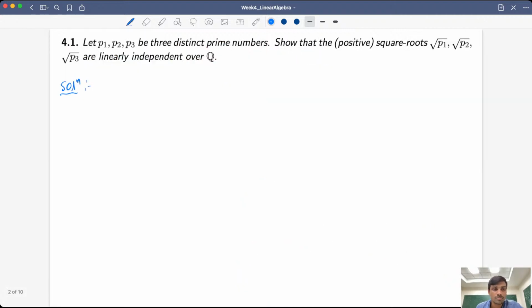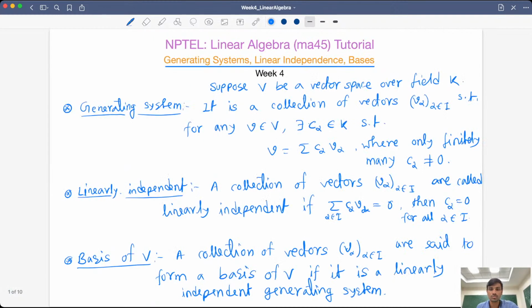So let's consider the summation of Ci root Pi, with i equal to 1 to 3, equal to 0, where C1, C2, C3 belong to Q. That's what we have: here this C alpha belongs to your field K.